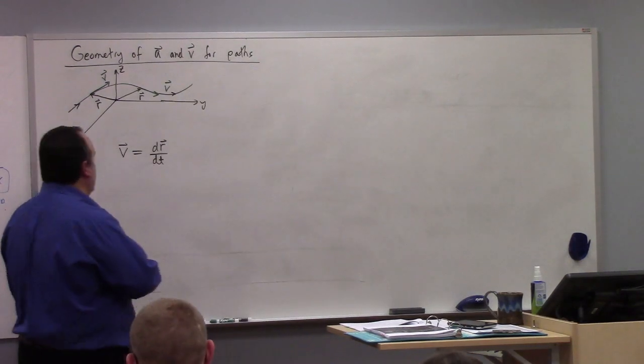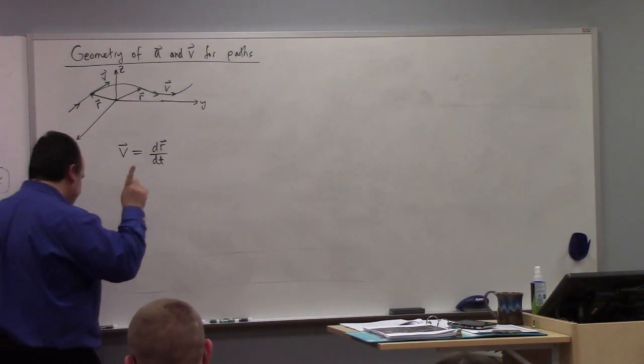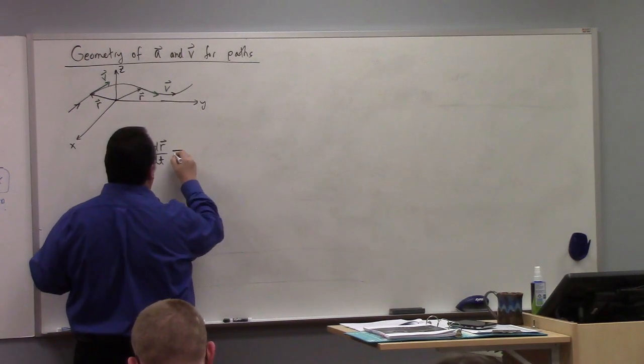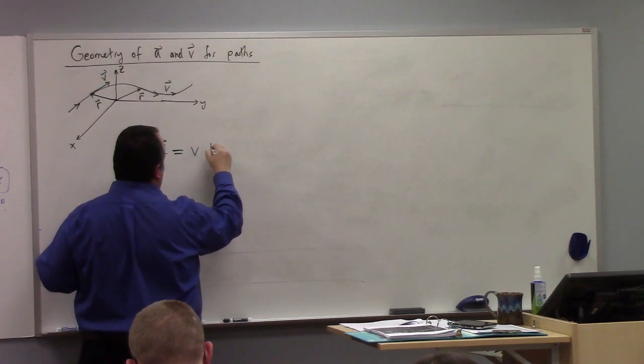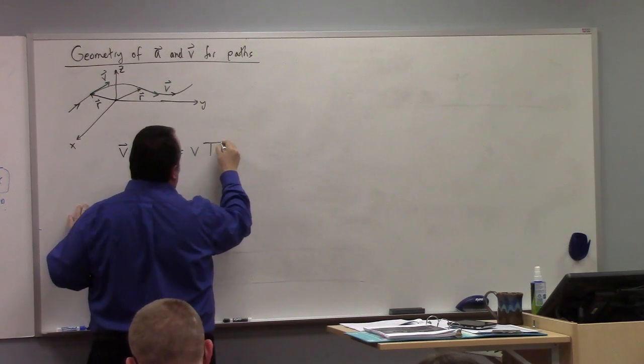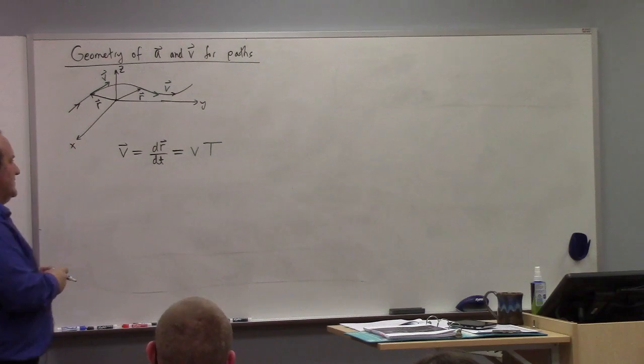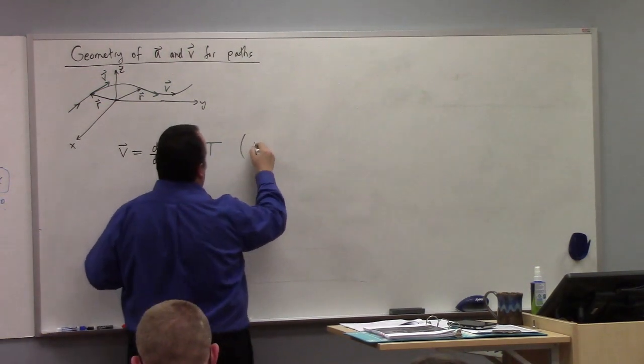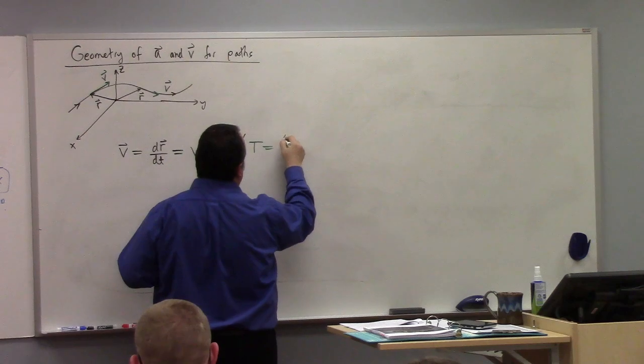Then we can calculate acceleration. So one more point. This we can write as the speed times, I'm going to introduce a new notation, if that's okay with you guys. Well, even if it's not, I'm going to do it. Big T. Big T is the only unit vector I draw without a hat. So big T technically is v hat.